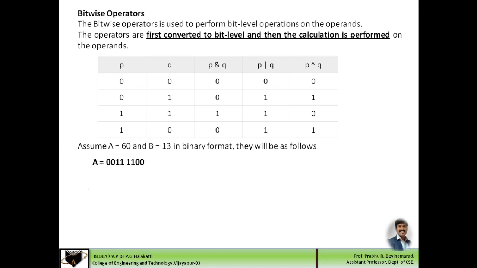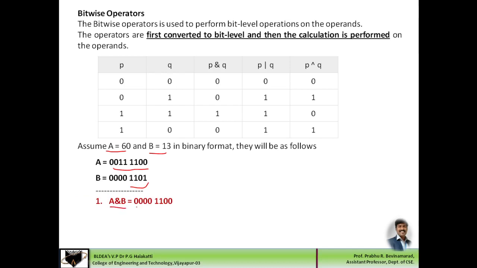So let us take an example. Assume we have A equal to 60 and B equal to 13. In binary format, the 60 is represented in this way, and B is represented having a combination of zeros and 1s like this. And when we apply the AND operator, then what happens?